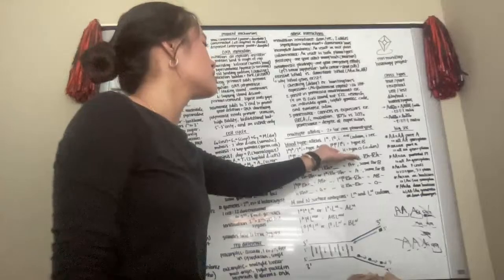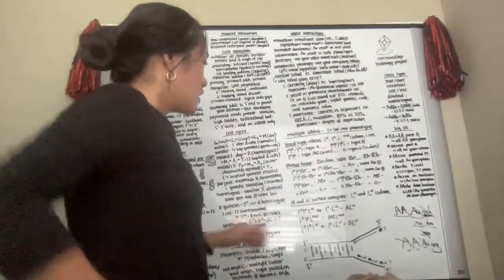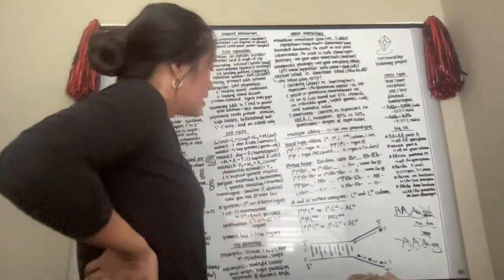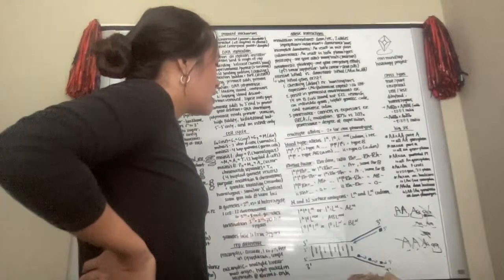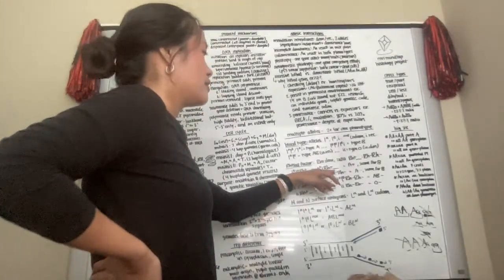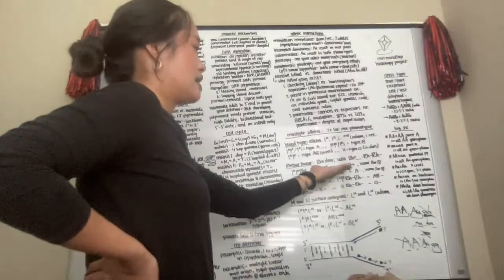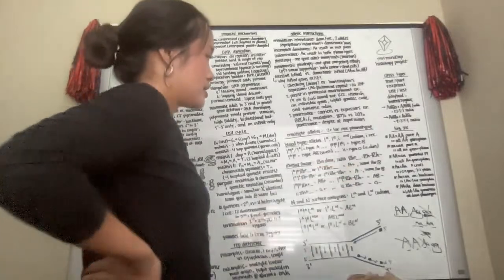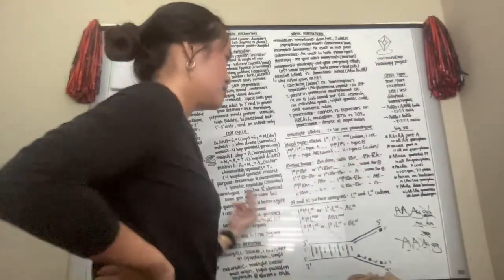So for A, it's IA IA RH plus blank, or IA i RH plus blank. That all equals A plus. And this is the same for B type blood.